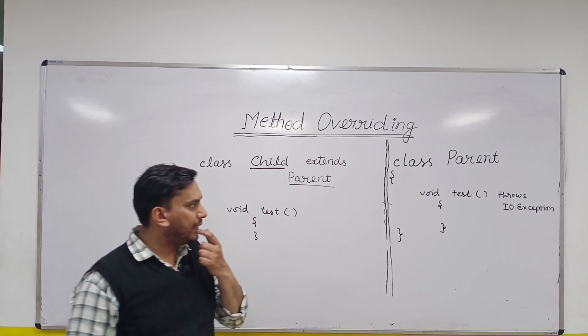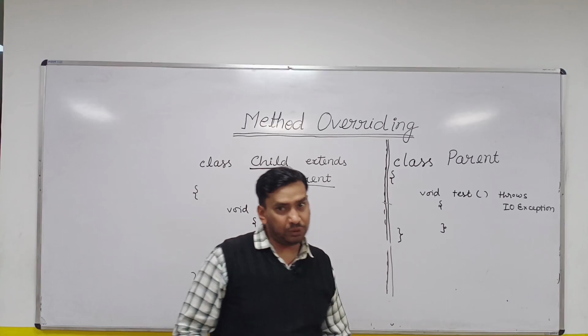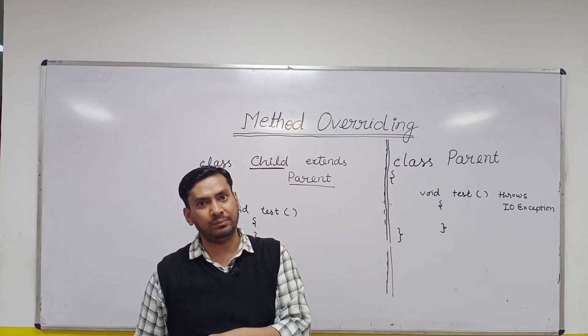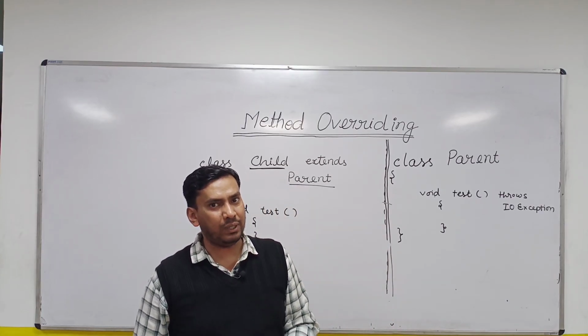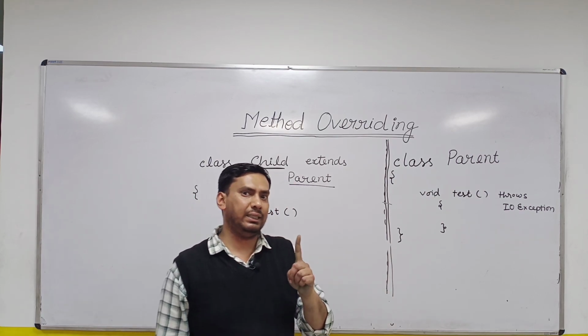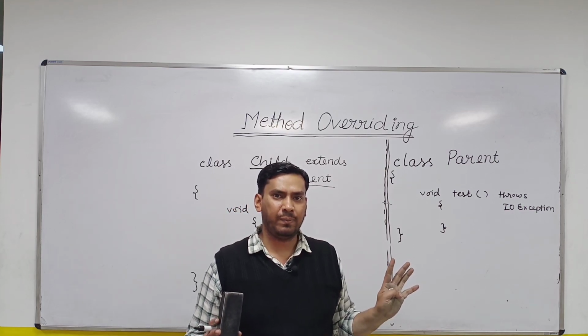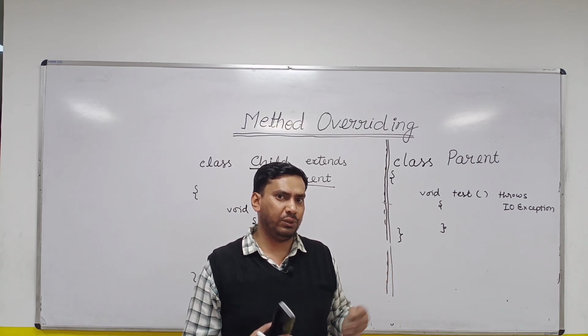The rule says that when you are having some method with the throws clause, during the overriding two options are available with you. The first one says that you can remove the throws clause.